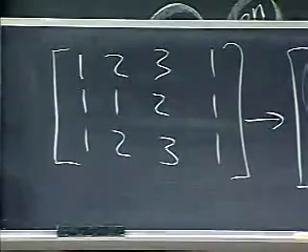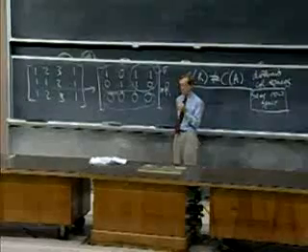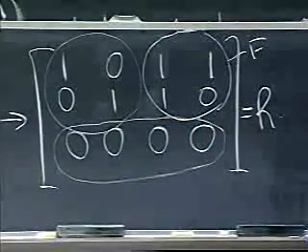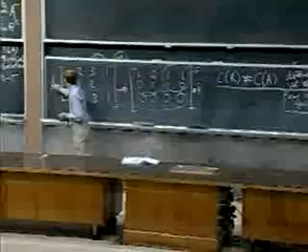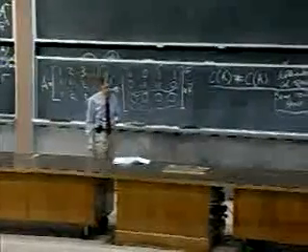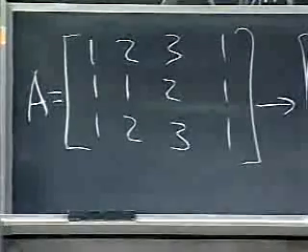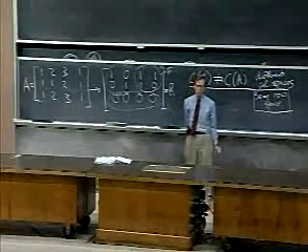And if true, what's a basis for the row space of R? And it'll be a basis for the row space of the original A. But it's obviously a basis for the row space of R. What's a basis for the row space of that matrix? The first 2 rows.